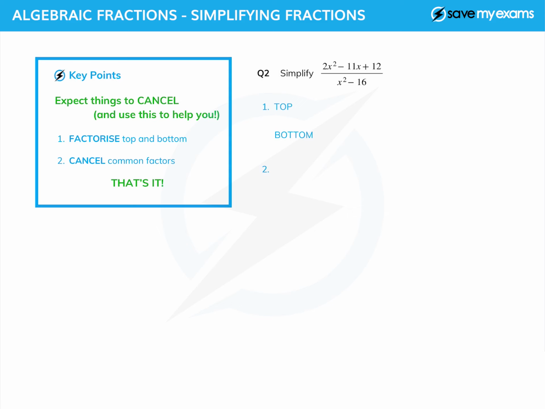Looks slightly more complicated, but we are not going to be afraid of it because we are expecting things to cancel, and that will help us. Now, I'm looking at the top there and thinking that's quite a hard one to factorise, but the bottom looks a lot easier.